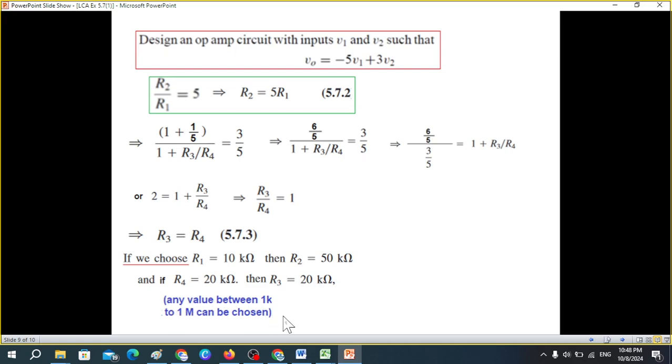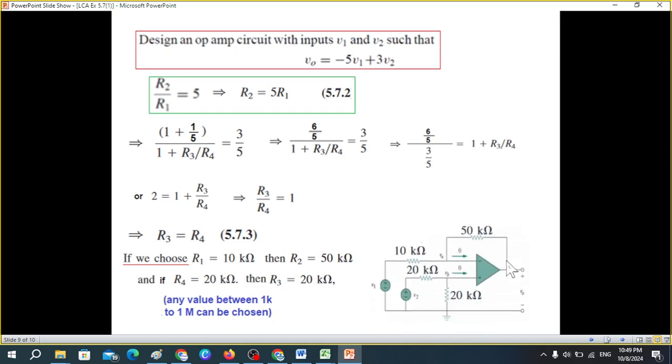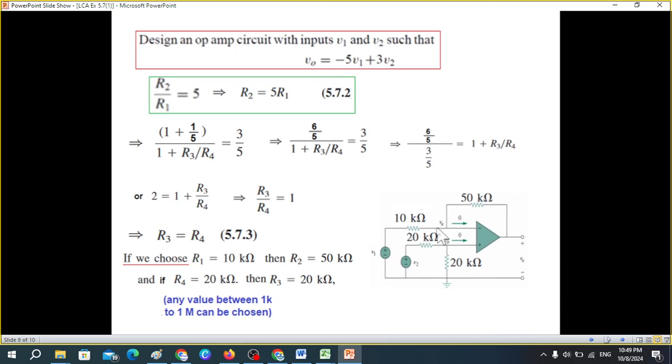Although this is not given in this book, this is from the instrumentation course. I've taught that course and there it is mentioned that if you take any value less than 1 kilo, the chances of short circuit is there. So that is why we remain within this range. Our circuit now will look like this. R1 10 kilo, R2 50, R3 20, and R4 20 from here.